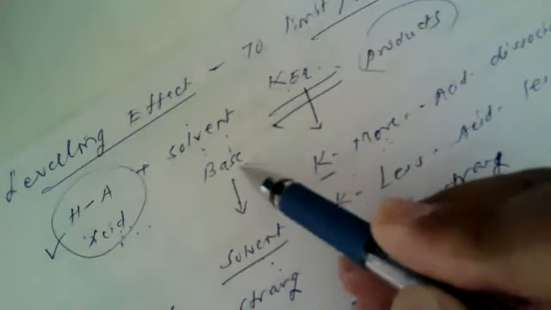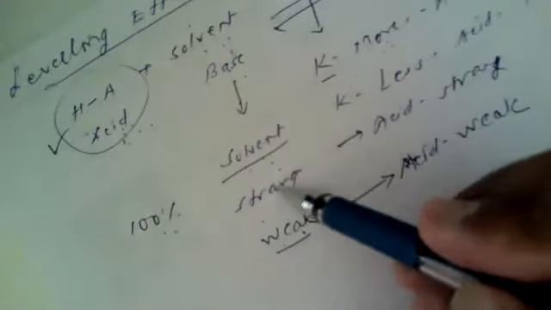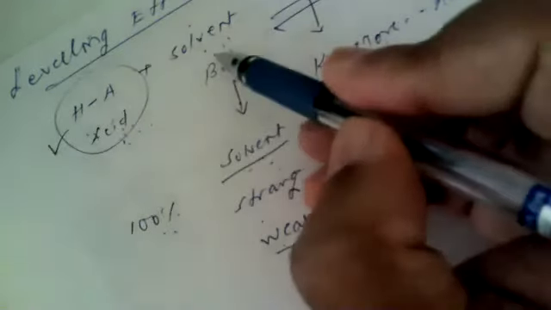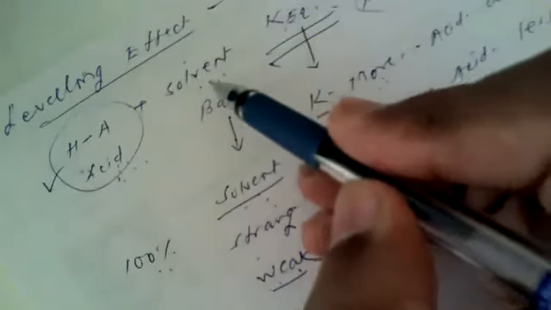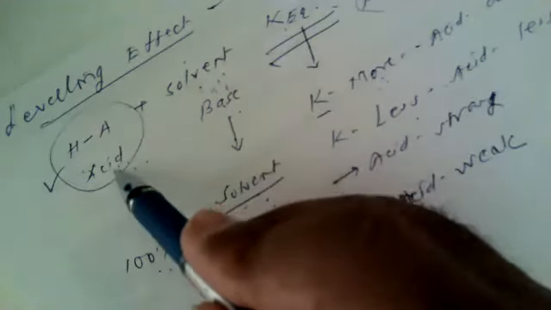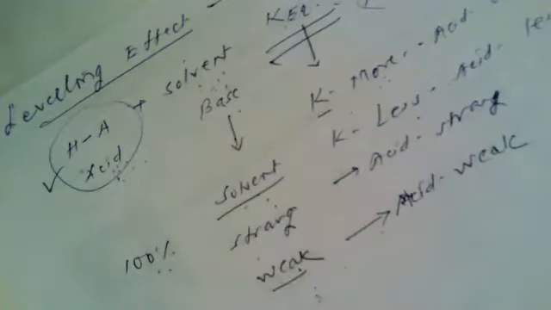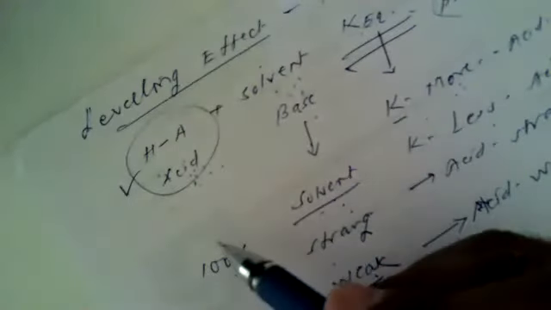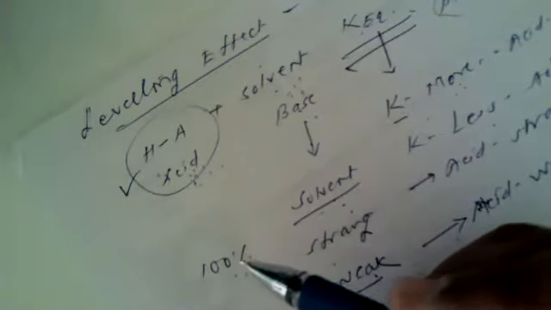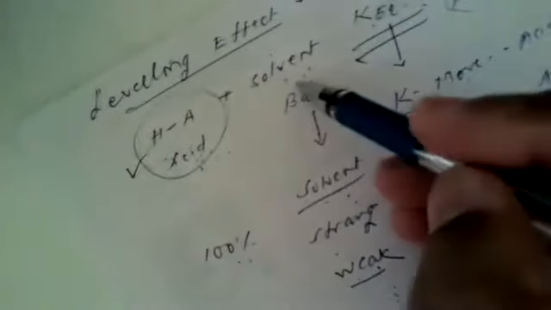So if the solvent is strong, then the acid dissociates completely, and hence the strength of the acid is strong. If the solvent used is weak, then the acid can furnish only a few H plus ions. That means the acid is weak. So the strength of an acid during a reaction is entirely limited, governed, or restricted by the presence of the solvent.